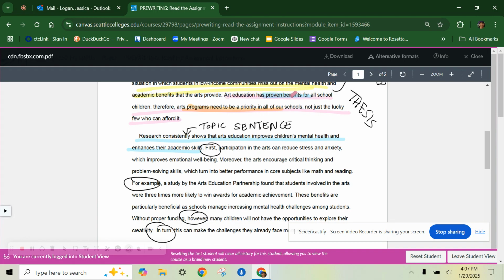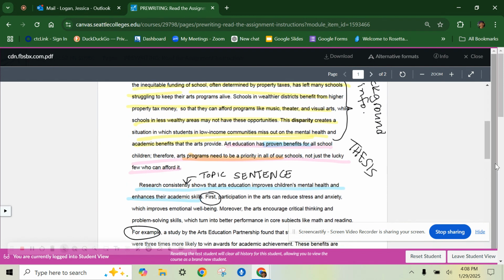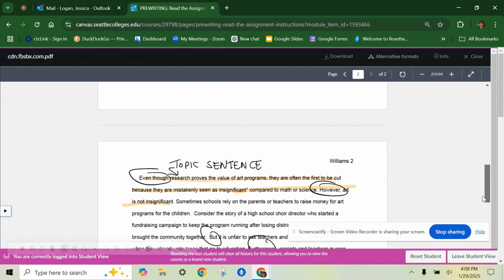Art education has proven benefits for all school children. Therefore, art programs need to be a priority in all of our schools, not just the lucky few who can afford it. So you notice I've highlighted this in blue, and here, this is this idea. And you can probably predict that the next body paragraph will match this idea, the one that I've highlighted in orange.